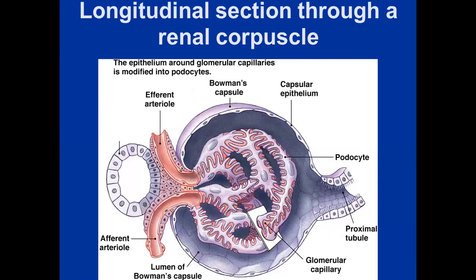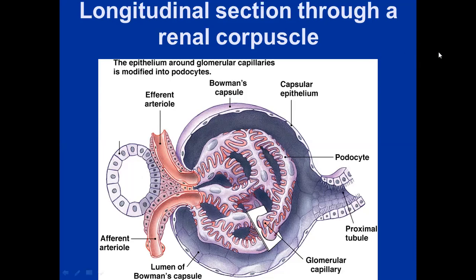This particular one shows a longitudinal section through a renal corpuscle, or a Malpighian body, and it shows you the podocytes. Don't obsess about these podocytes. Just know that they are funny little starfish-shaped cells.